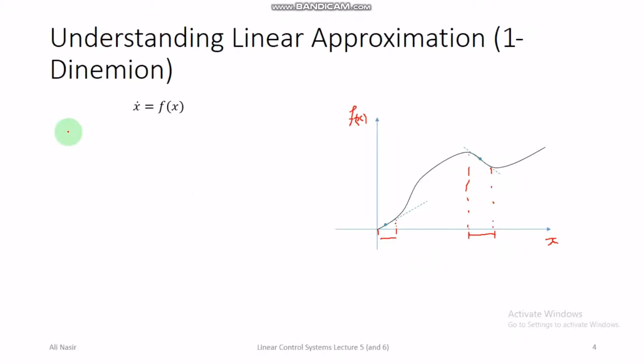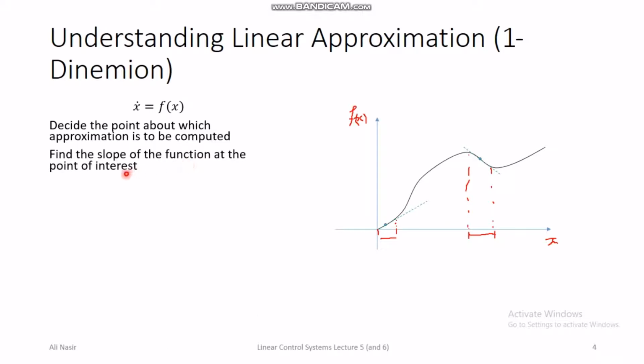In terms of state space, if you have a one-dimensional state space system, x dot equals f of x, then first of all you have to decide the point about which you want to approximate the nonlinear system. Next, you find the slope of the function at the point of interest.